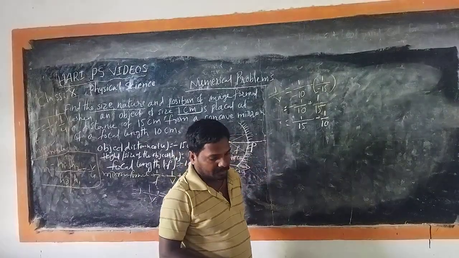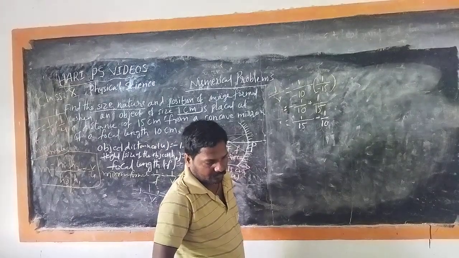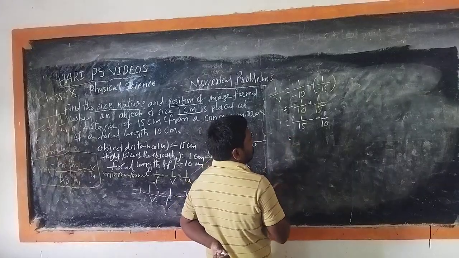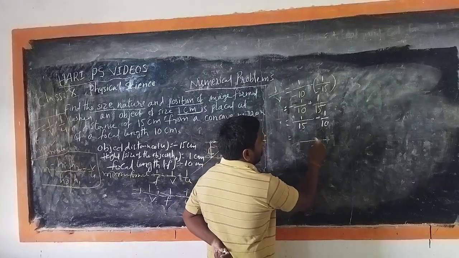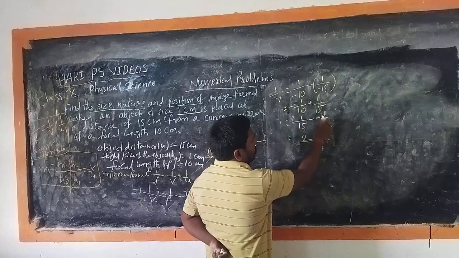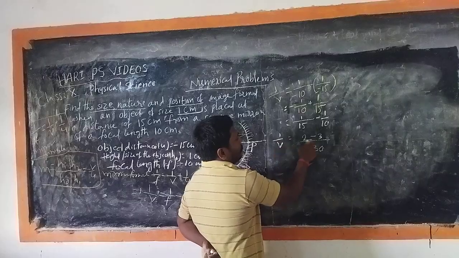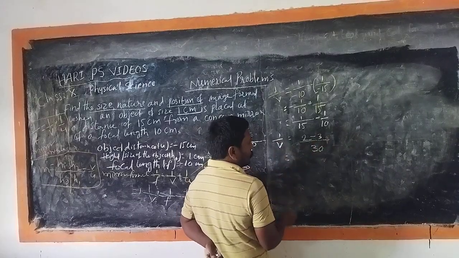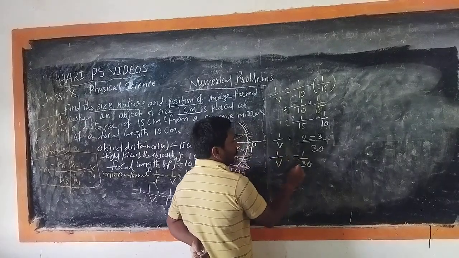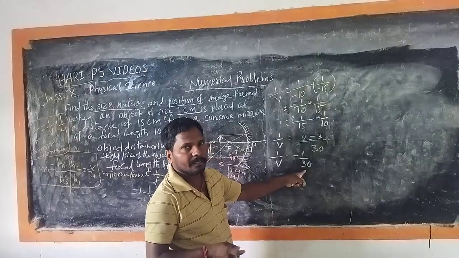So let's take the LCM. What is the LCM? That's equal to 30. 15 is 2 times... 10 is 3 times... So 1 by v equals 2 minus 3 by 30, that is equal to minus 1 by 30. 1 by v equals minus 1 by 30.